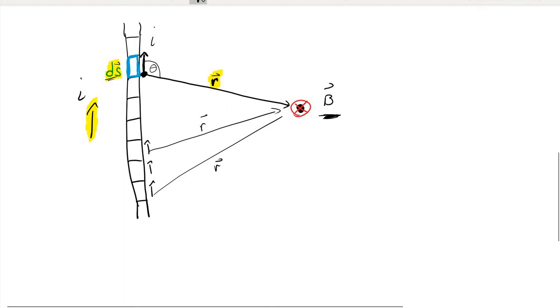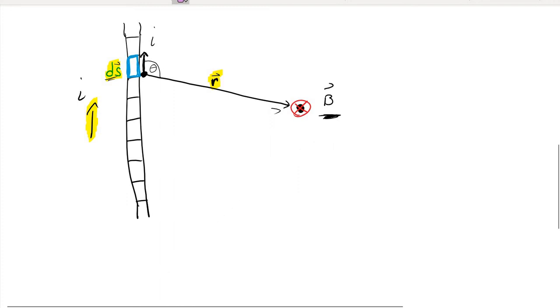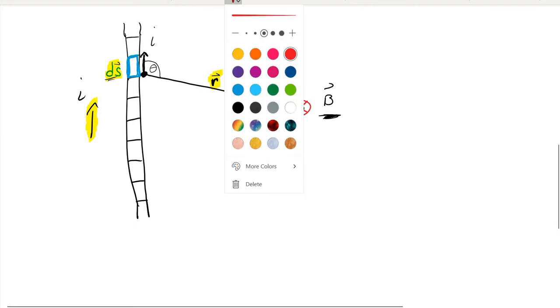Not only that, the length of the r vectors will change as we move up and down the wire. At some point on this wire, we will have an r value that is at a minimum. And that r value is going to be, let's pick a different color here.